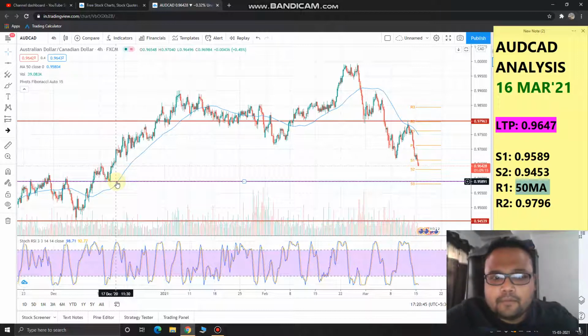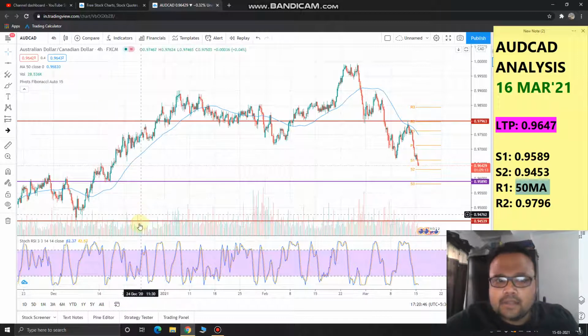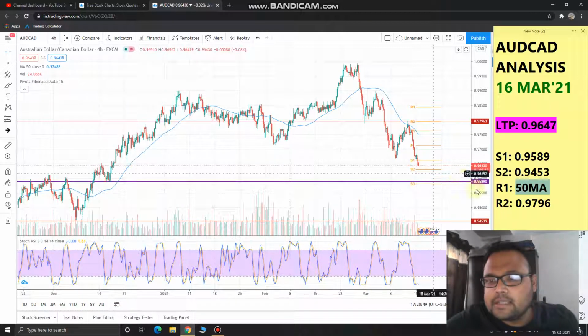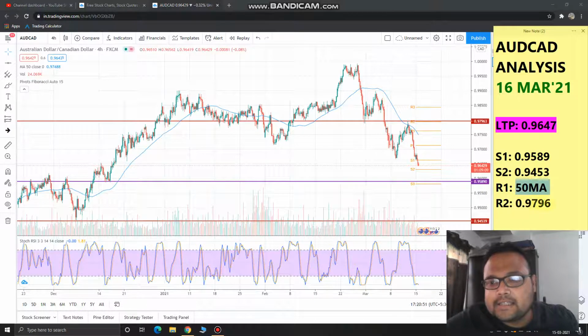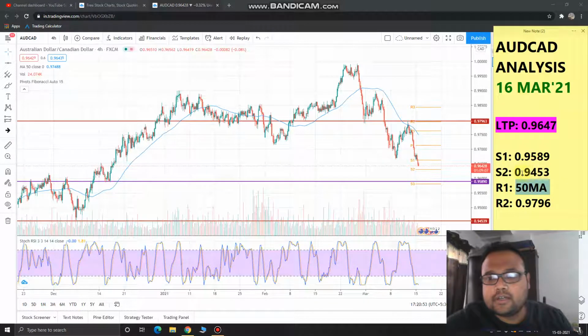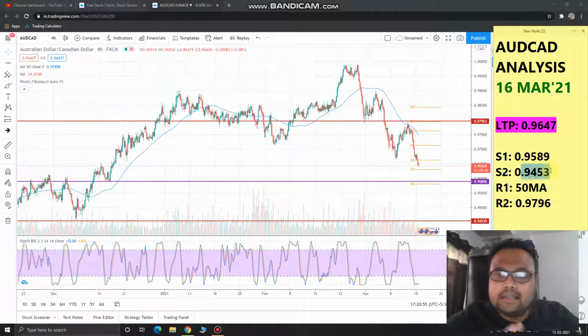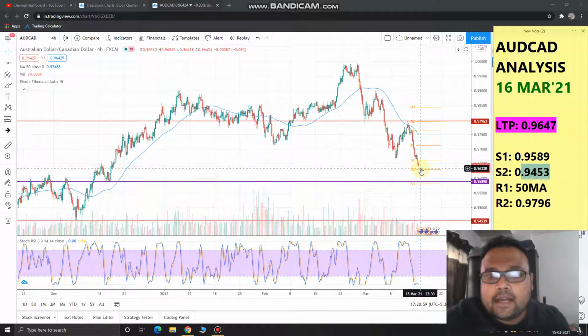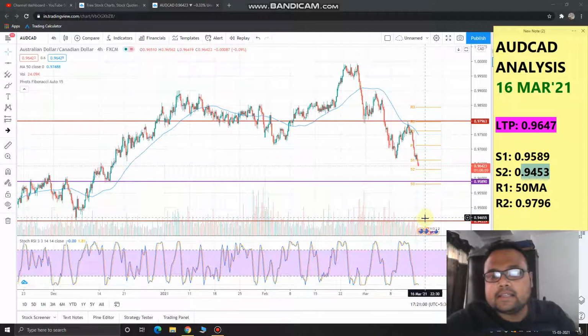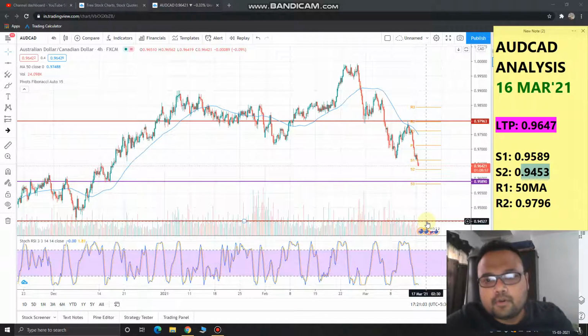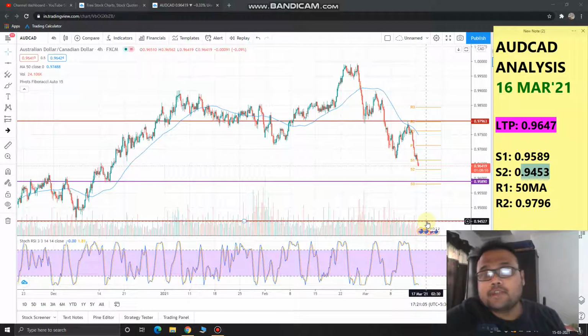And the next support is good enough, which is at 0.9453. This support is good enough, but there is a huge gap between the current market price and this support zone. So what should be a strategy then?